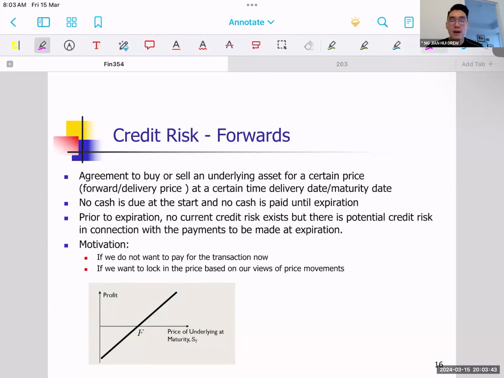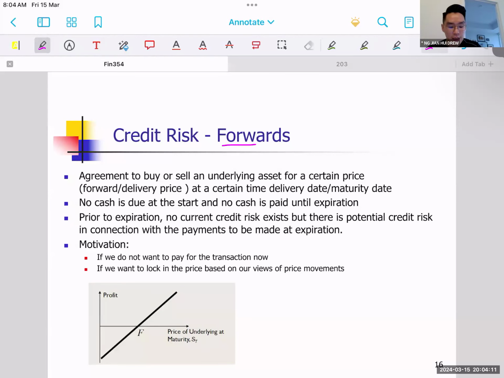So let's understand what is the basic derivative product first, right? And the most basic form of a derivative is your forward. Okay, so what's a forward? As the name suggests, a forward basically says that I want to buy something in the future, at a set price, at a set date.